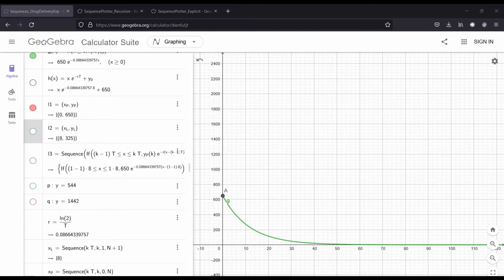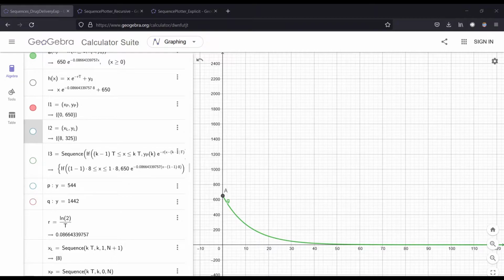This is an image showing what the concentration in the bloodstream would look like over time, and how it would decay over time for an initial dosage of, say, 650 milligrams, with a decay rate that gives a half-life of 8 hours.